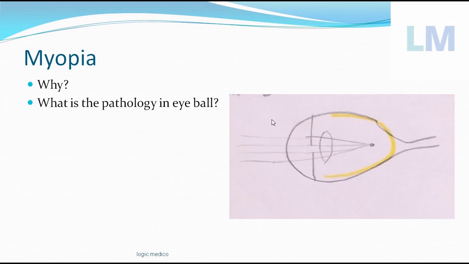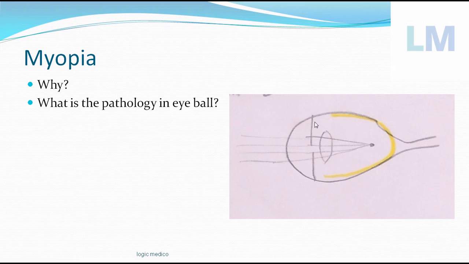So coming to myopia. Why does myopia happen? What is the pathology behind myopia? Here you can see the eyeball, it's bigger, right? So the basic pathology in myopia is that the eyeball is larger in size. The rays of light coming from a distance will now get converged by our lens and the image will form in front of the retina.